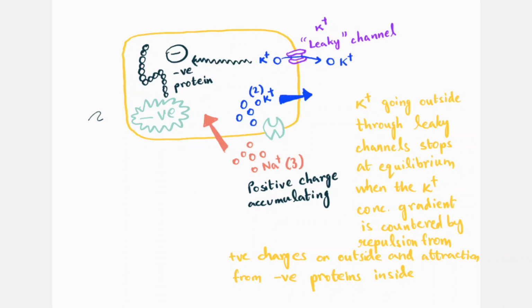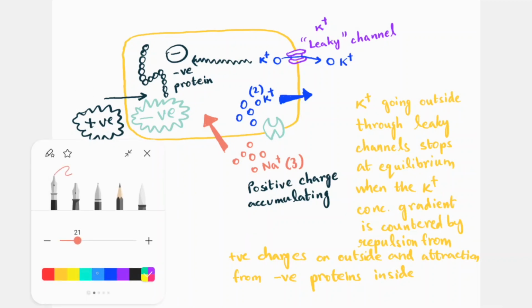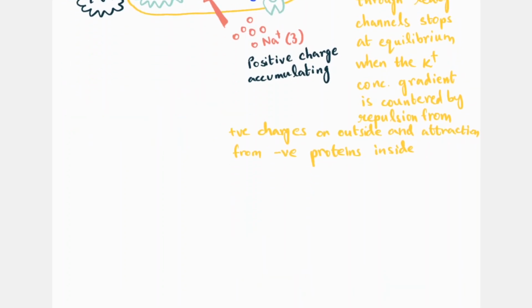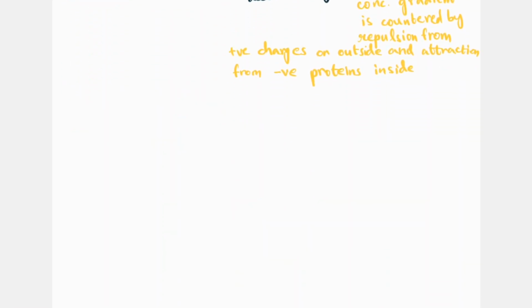and the outside seems positive. So there is a potential difference directed along this direction. Let's take a different color, light blue. This is a potential difference that's directed to the inside of the cell. So we say that the inside of the cell has a negative potential compared to the outside, alright?